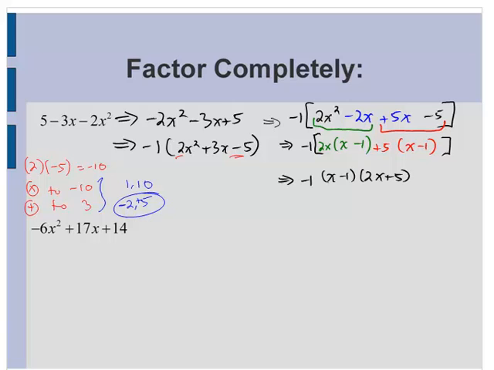Alright, and why don't you try out this last one on your own. Alright, negative 6x squared plus 17x plus 14. First thing I'm going to do is factor out that negative 1. So let's see, I'd have negative 1 by 6x squared minus 17x minus 14.